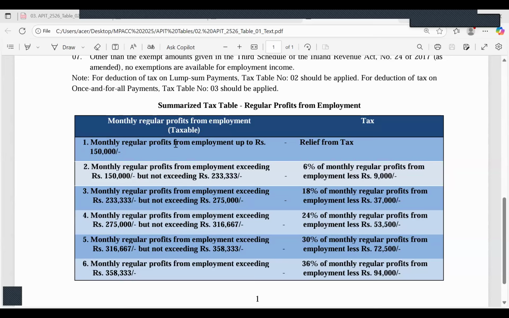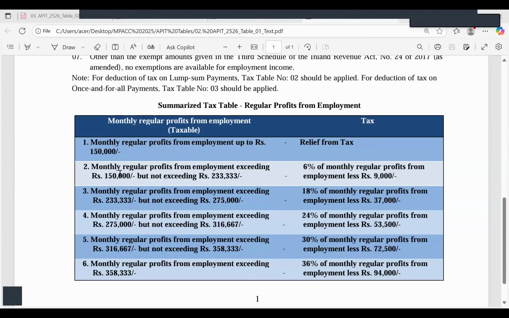For the year of assessment 25-26, personal relief per year is 1.8 million. For a month, it is 150,000. So up to 150,000 there is a relief, so we are not applying a tax rate for the first 150,000.